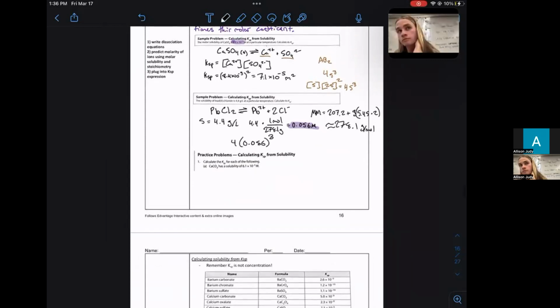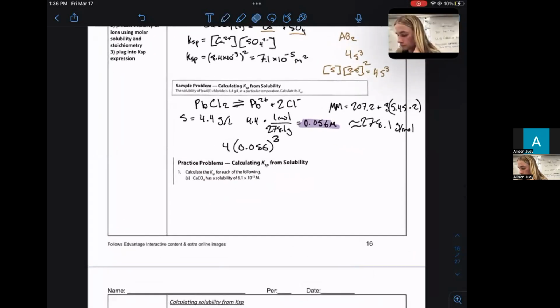Sorry, 0.0158 for the molarity of chloride. So then the molar solubility would be that squared.